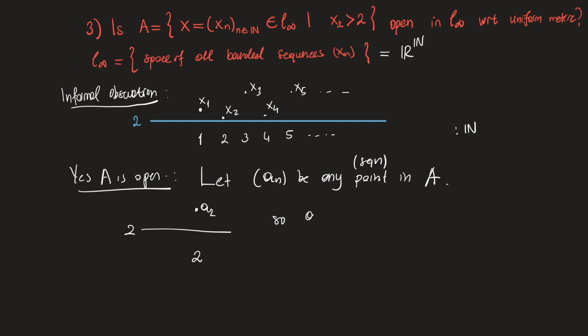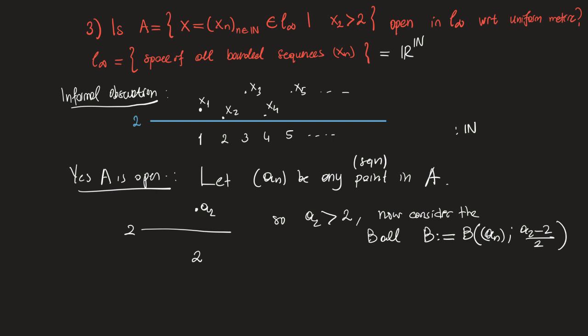So a2 is strictly bigger than 2. Now consider the ball B, let me define B as the ball at the point a, the sequence, with radius (a2 minus 2) over 2.